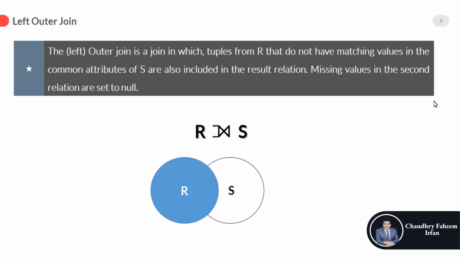So look at the Venn diagram. R is complete and S is not complete, because if there is no matching with S, S is said to be null and R includes all the tuples in it.